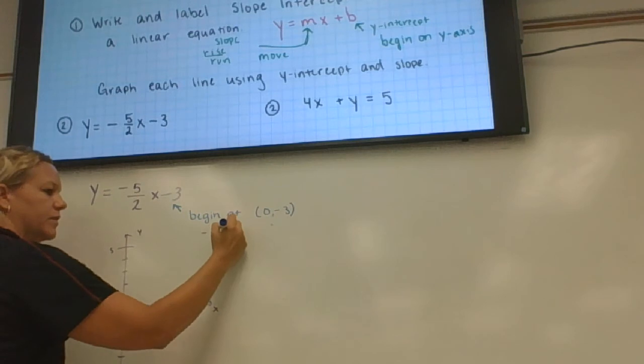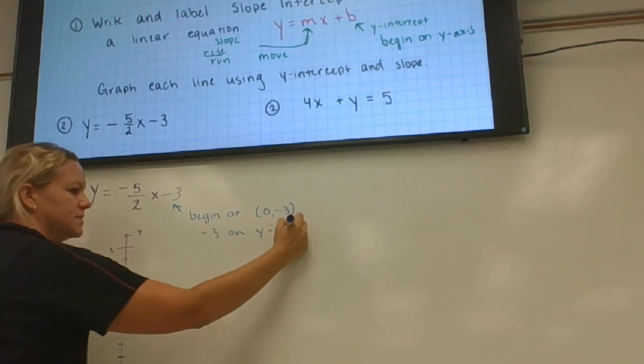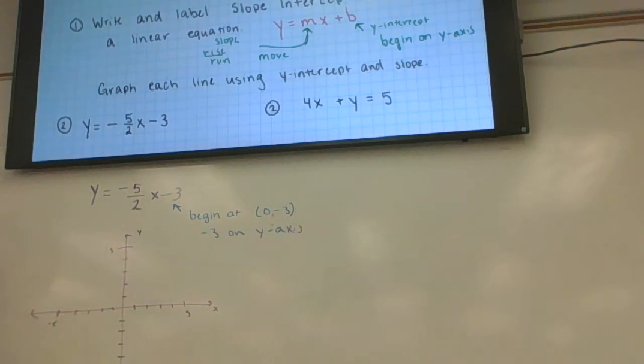It's a -3 on the y-axis. Honestly, if a student makes a mistake on this, they do -3 on the x-axis. So I'm going to really emphasize that it's the y-axis. So here it is. And then somehow I have to move this rise over run. It's -5, so I'll call it a fall over run. So I'm going to go down 5 and over 2.